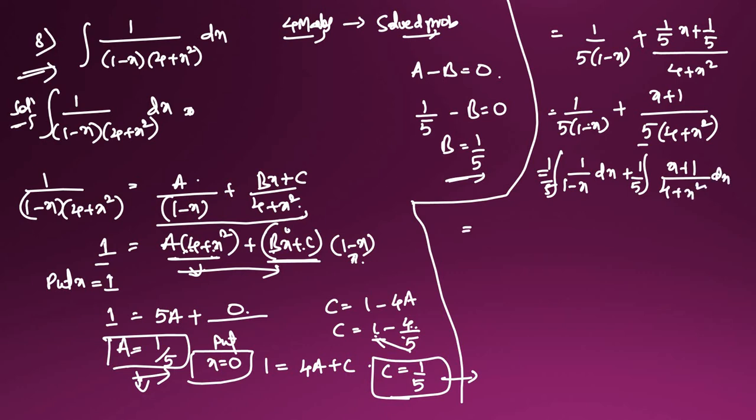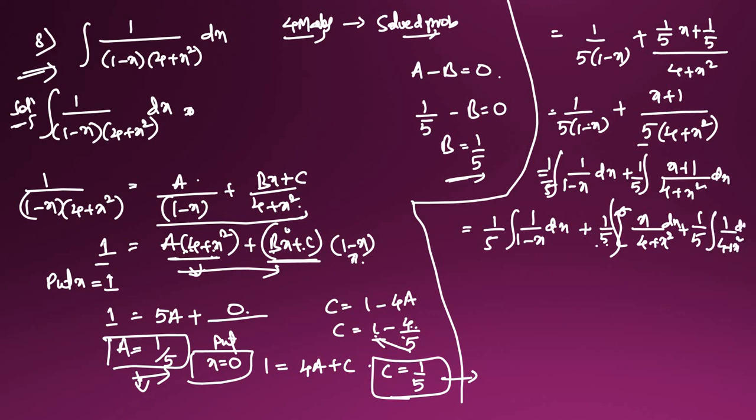So 1 by 5 into integral of 1 by 1 minus x dx, plus 1 by 5 into, separating this, integral x divided by 4 plus x square dx, plus integral 1 by 4 plus x square dx will come.